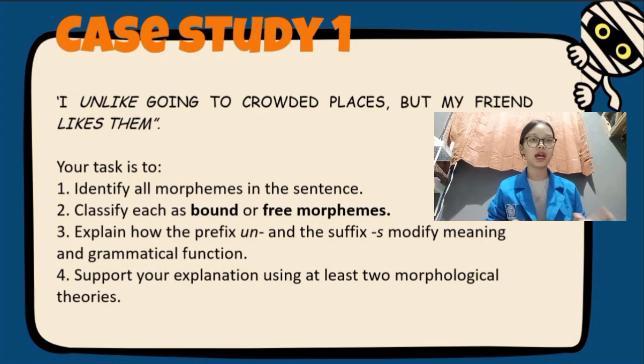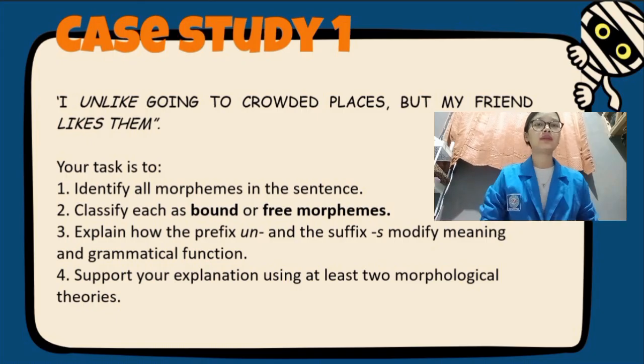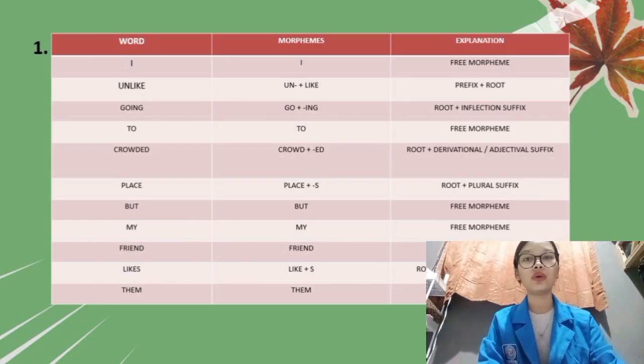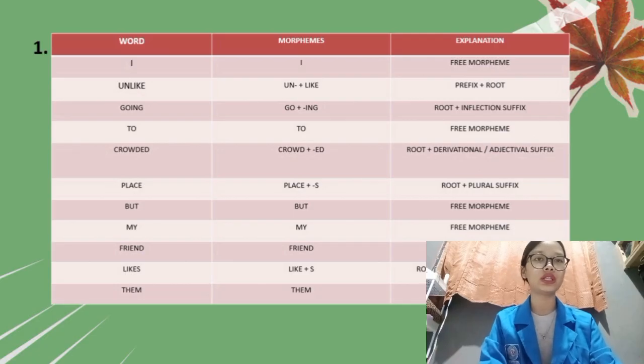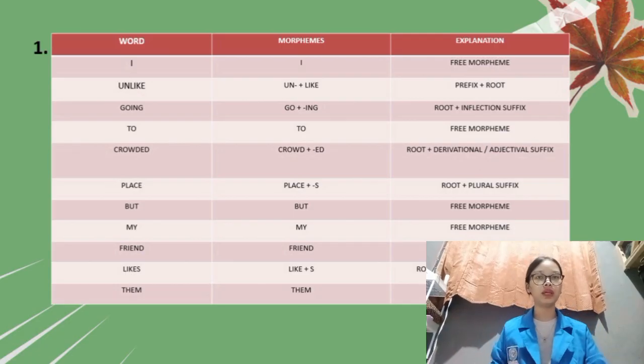Third is explain how the prefix un and suffix s modify meaning and grammatical functions. Number 4 is support your explanations using at least one morphological theory.